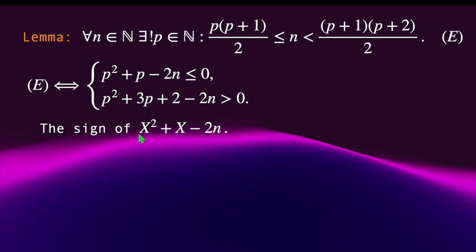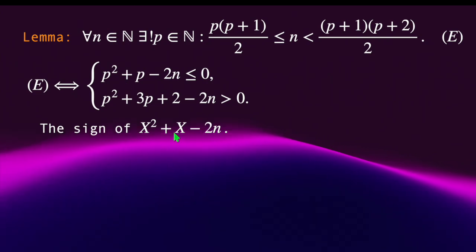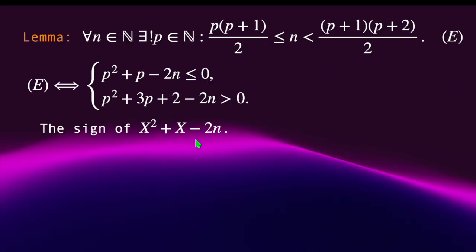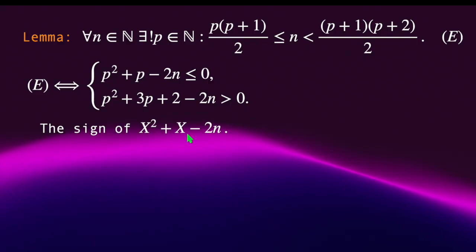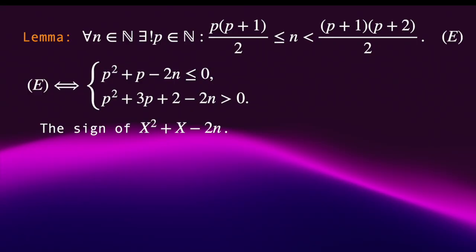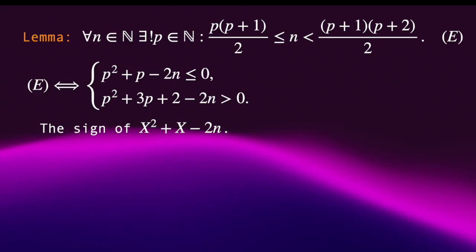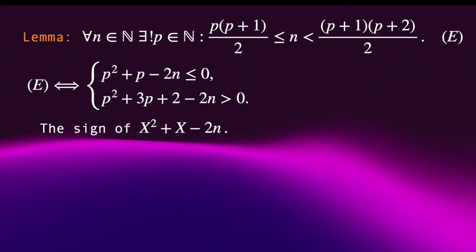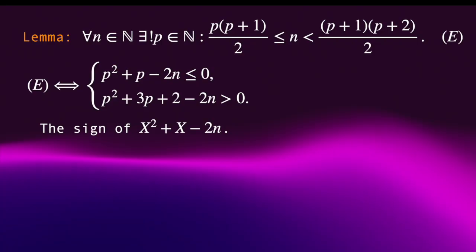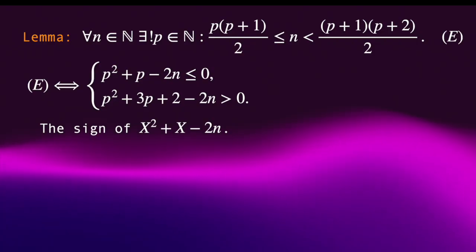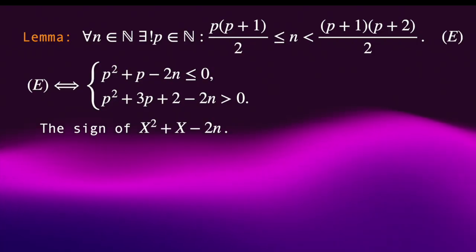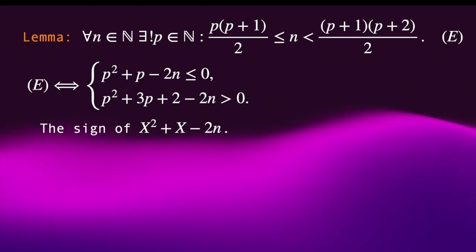study the sign of x squared plus x minus 2n. So it's a polynomial expression of degree 2, and to determine the sign of a polynomial expression of degree 2, we need to compute its discriminant and its roots. So let's go.